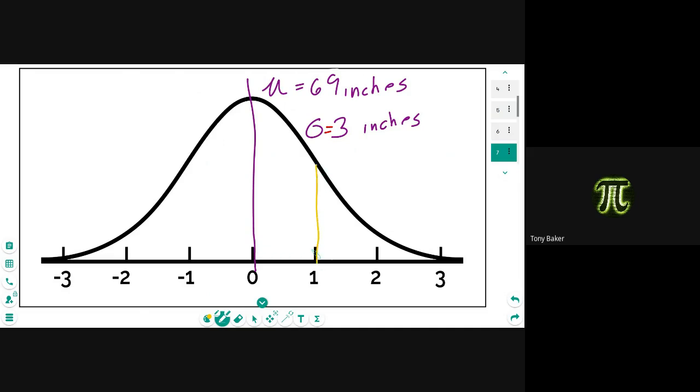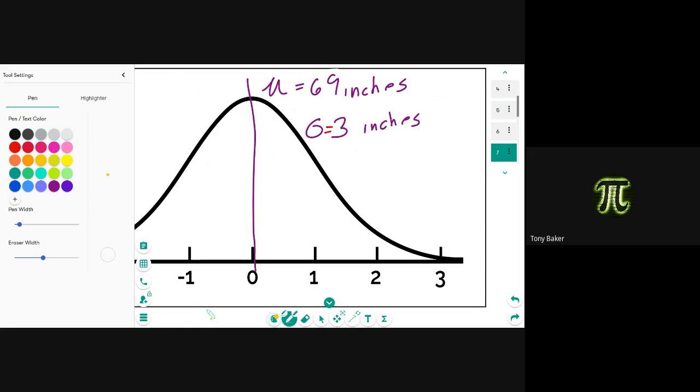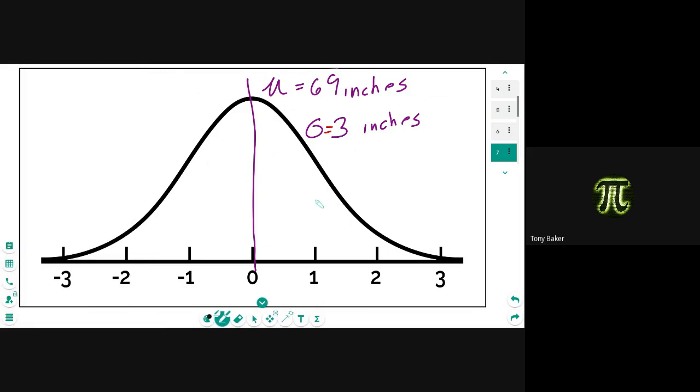What would be one standard deviation away from the mean? 72 that way, or 66 that way. And then 2 standard deviations would be 75 or 63. Okay.